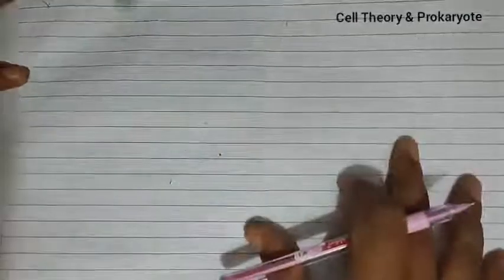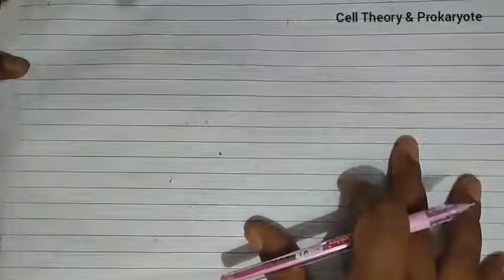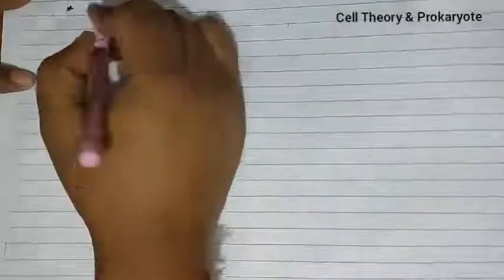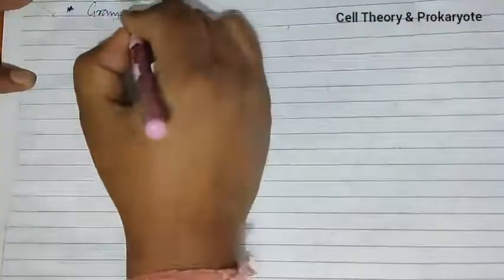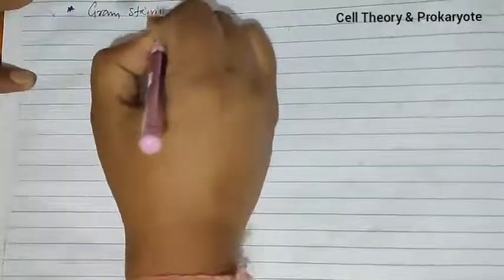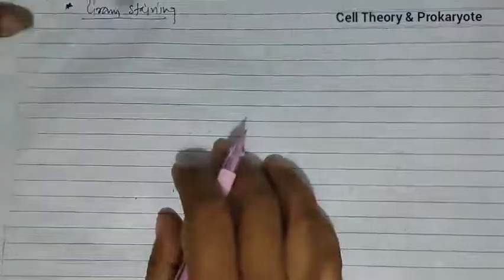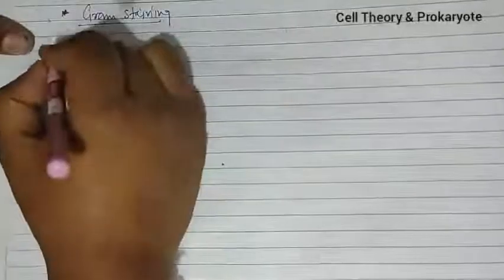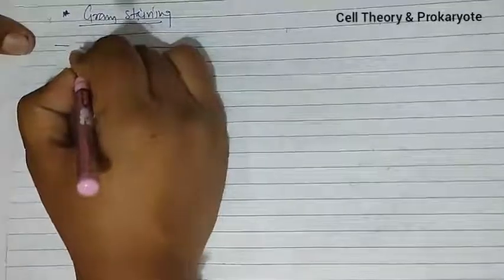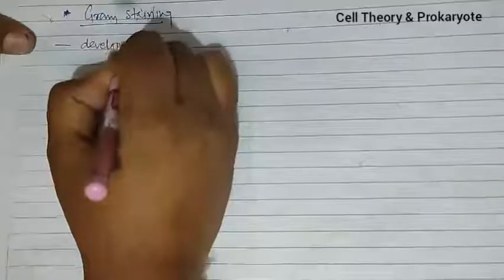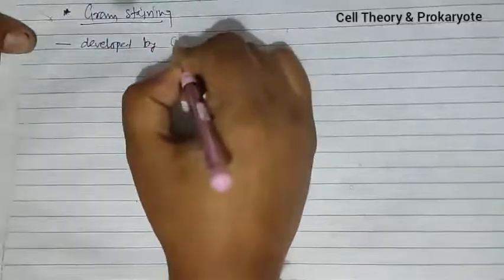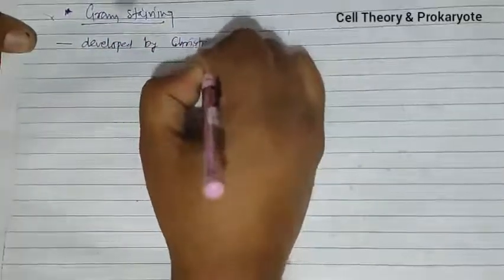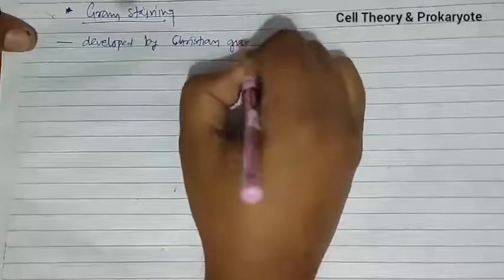Now after studying the structure of the prokaryotic cell and their shape, next we talk about one staining procedure used in bacteria, known as gram staining. Based on gram staining, two types of bacteria are derived: gram positive and gram negative. Gram staining was developed by Christian Gram, and it is named after the scientist.